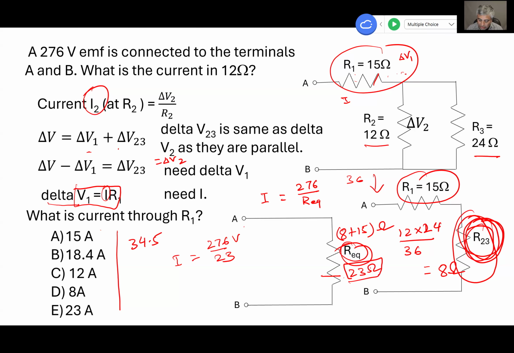That's the mistake I made. So now with 23 and 276, we should have 276 divided by 23. Now looks like 12 ampere, yes.